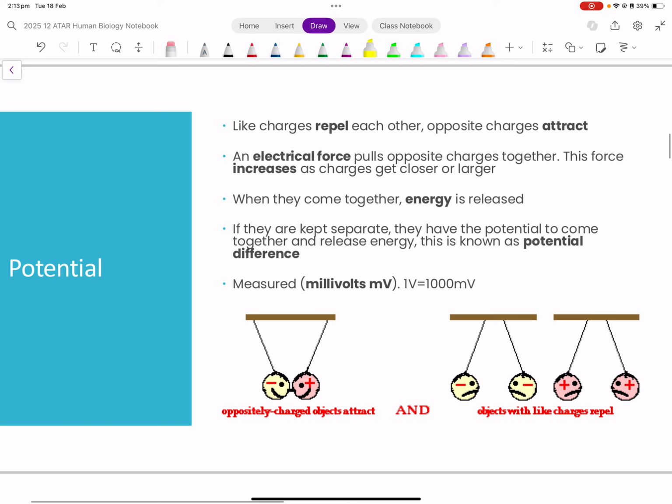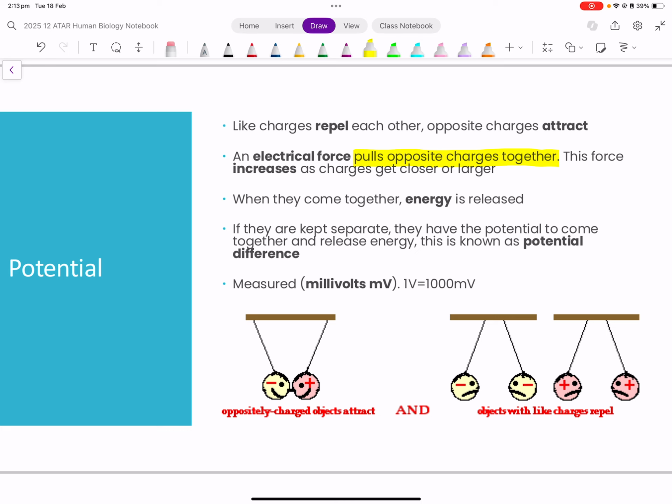The very quick physics lesson that we'll do here is all about potential. Now, you may have heard before that like charges repel and opposite charges attract. The reason we bring it up is an electrical force is what pulls opposite charges together. And this force increases as those charges get either closer together or the charges themselves get larger.